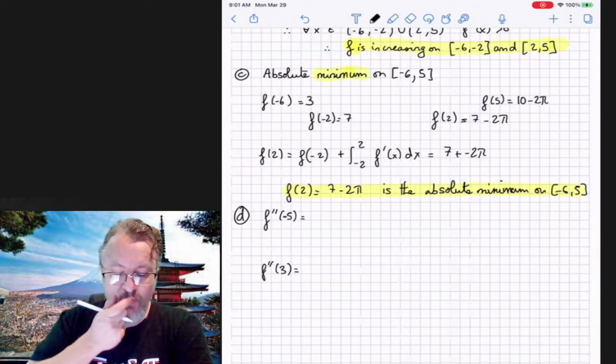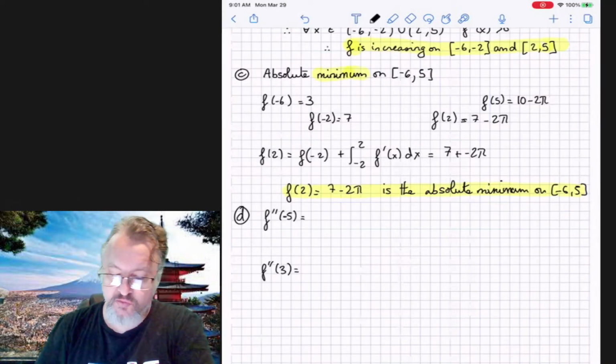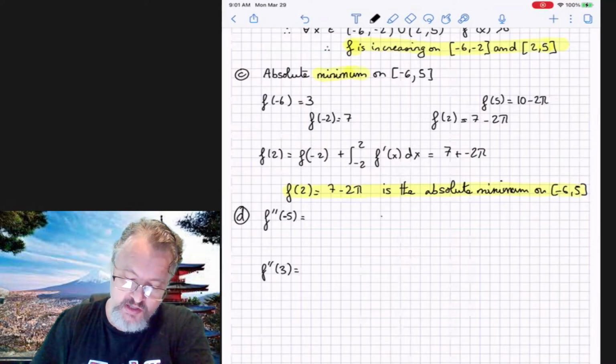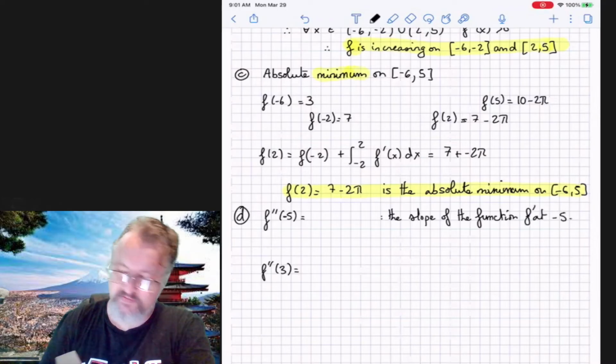Okay. Well, f double prime at -5 is going to be graphically represented by the slope of the graph of the function f prime at -5.